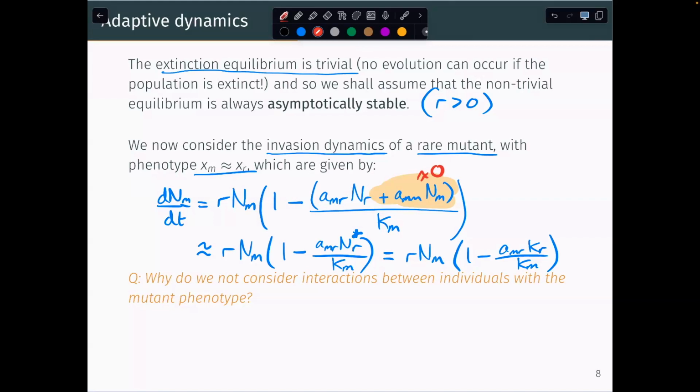And this is the great power of adaptive dynamics: we don't have to model dNR/dt as well at the same time. That would give us a system of two ODEs. We can basically say NR is approximately constant. So that's what we're really doing here. And then this final stage here on the right-hand side is just substituting in NR star equal to KR.